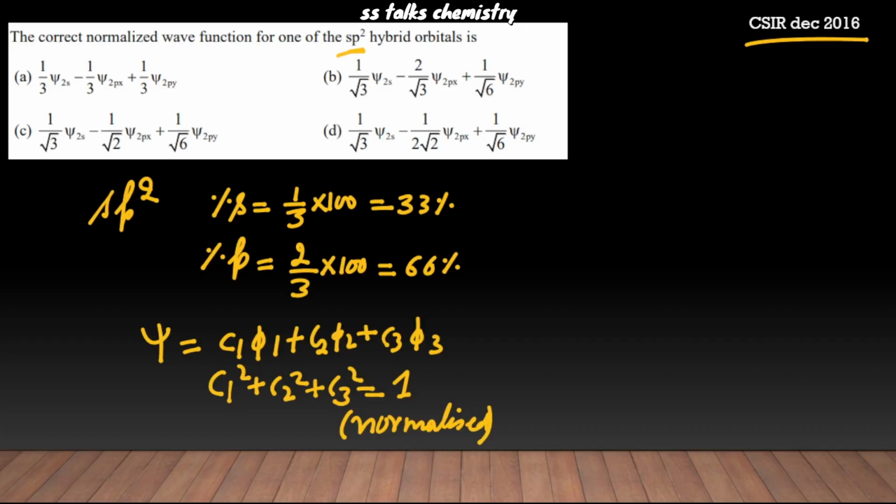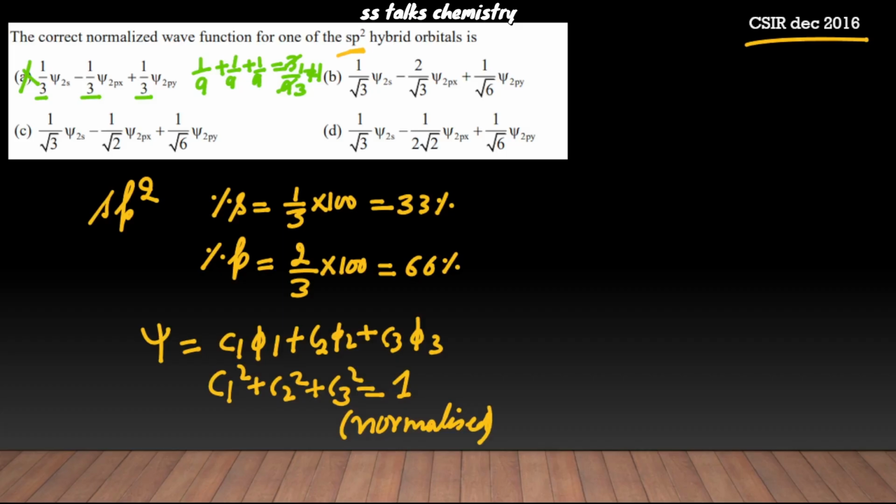Now the first option, if I take, it is 1 by root 3, minus 1 by root 3 and 1 by root 3. So the square of it, if I take, will become 1 by 9 plus 1 by 9 plus 1 by 9. It is becoming 3 by 9, which is 1 by 3. This is not equal to 1. So here the wave function is not normalized, so incorrect.